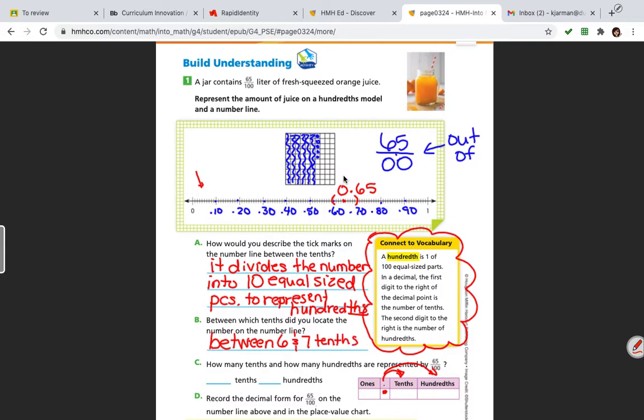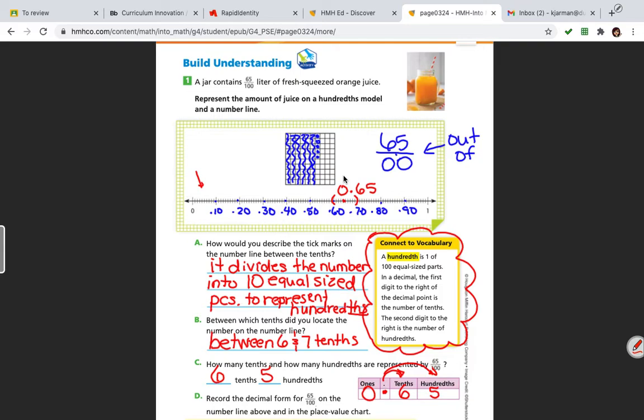Alright, so let's look at our place value chart. How many tenths and how many hundredths represent 65 hundredths? Well, we have 6 tenths and 5 hundredths. So record the decimal form of 65 hundredths on the number line. We would write 0, we do not have a whole number, and we have 6 tenths and 5 hundredths.